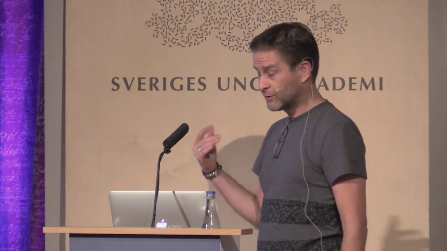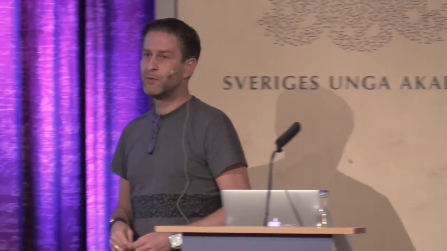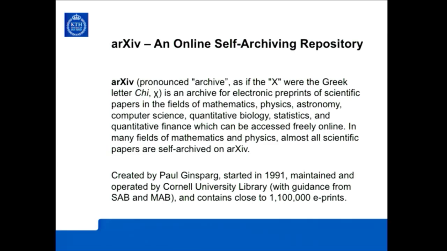So now I'm turning to the main part of my talk, which will be about arXiv. This is an electronic preprint server or electronic preprint repository. And this is used basically in the fields of mathematics, physics, astronomy, computer science, quantitative biology, statistics, and quantitative finance.